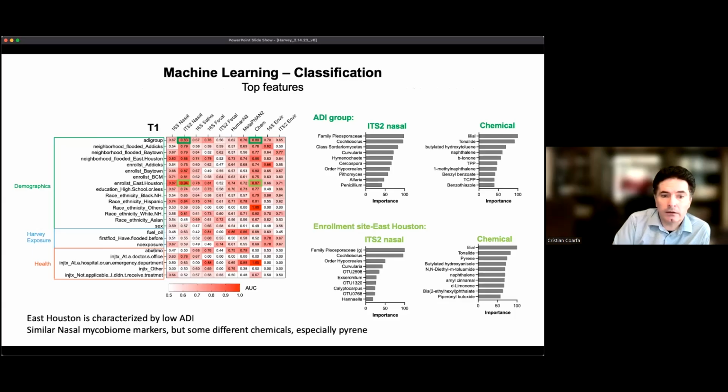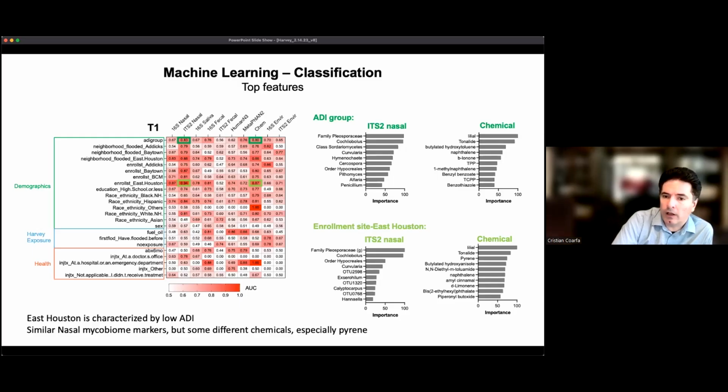And then, digging deeper, I'm going to show the results for association with the area deprivation index. Again, I mentioned that the East Houston community is economically depressed. So not surprisingly, some of the top features that allow us to understand the area deprivation index group also show up when you try to understand the East Houston area. So there's a commonality. When you look at chemicals, again, we see that some of the top hits are the same.